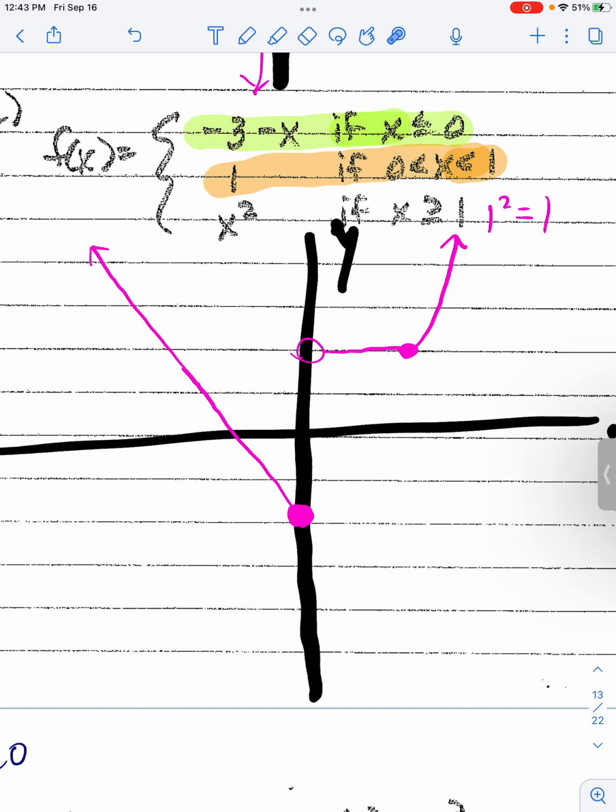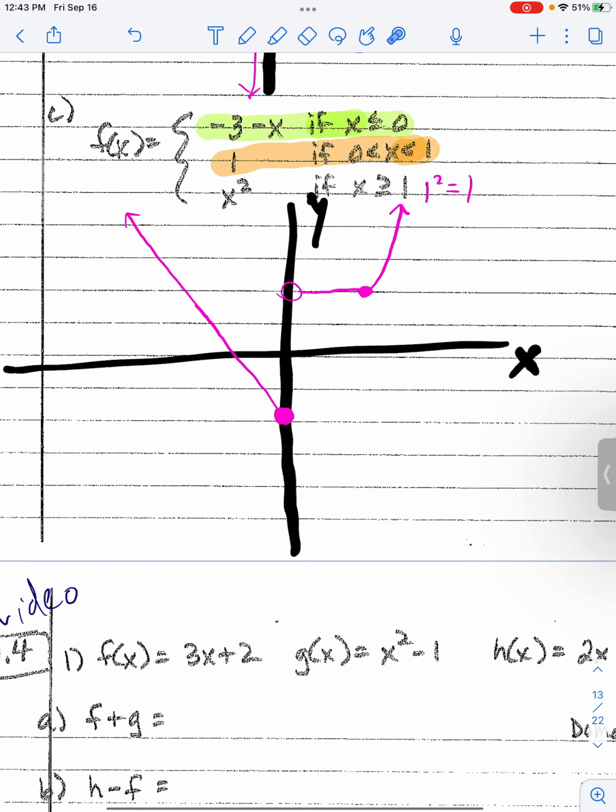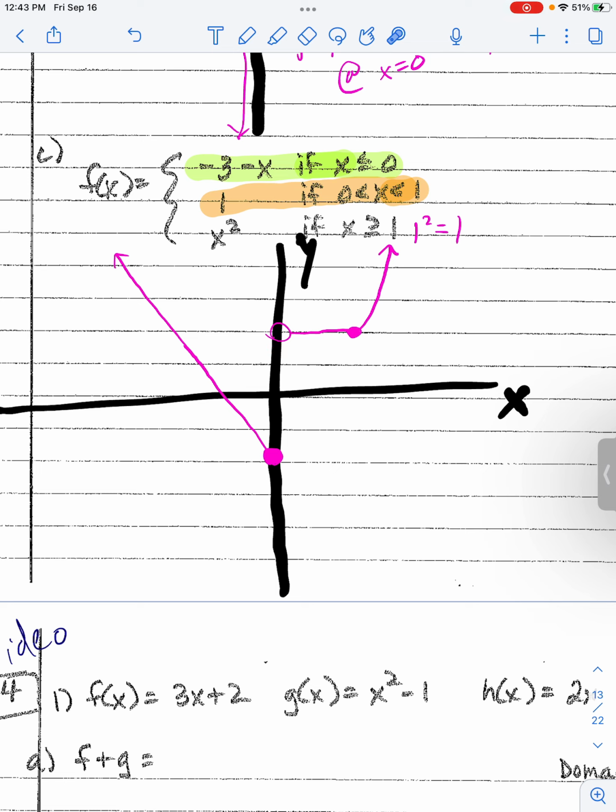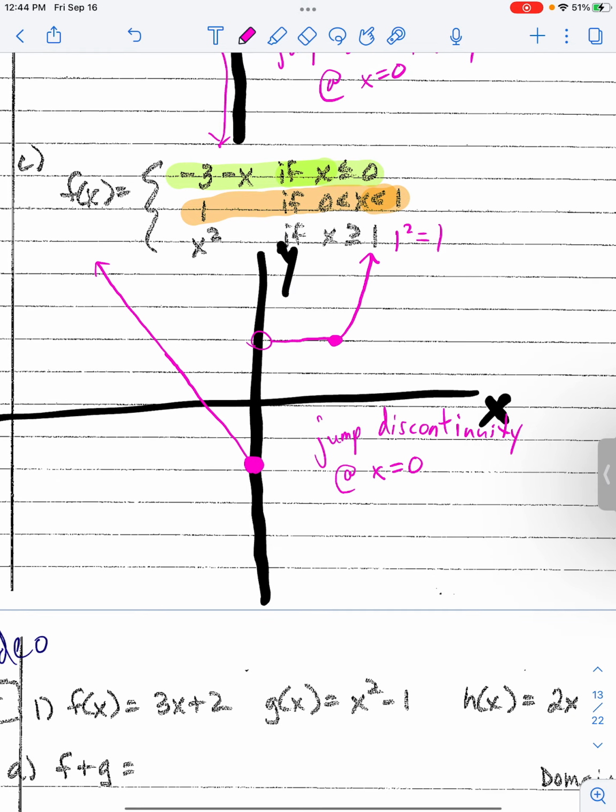Looks just like f of x equals x squared, okay? Then we can see there's a jump from here to here. There's a jump discontinuity. The graph jumps. So jump discontinuity at x equals 0.